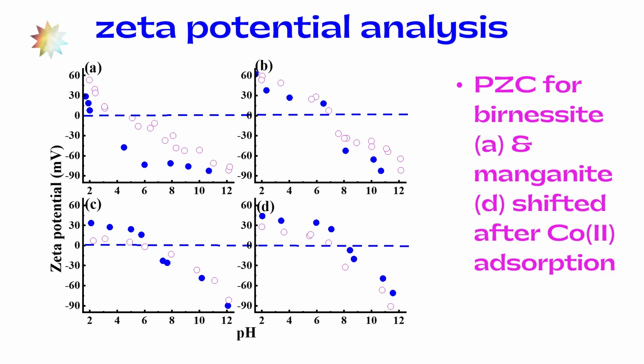And in the other two cases, there is no shift of point of zero charge, which means cobalt adsorbed onto these two surfaces by outer sphere complexation.